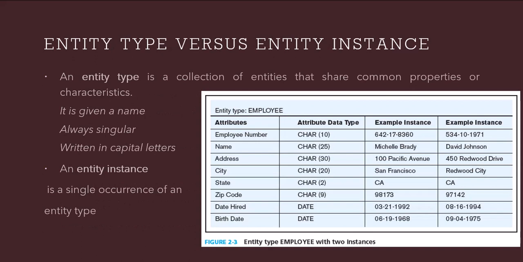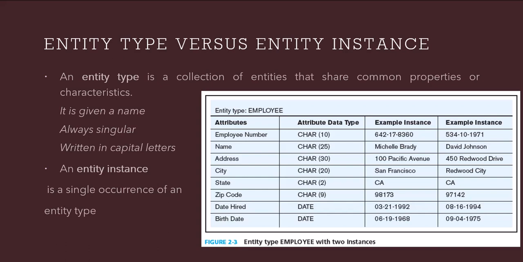Entity type is a collection of entities, as stated in the previous slide, that share common properties or characteristics. It is a given name, always singular, written in capital letters as shown in the table.